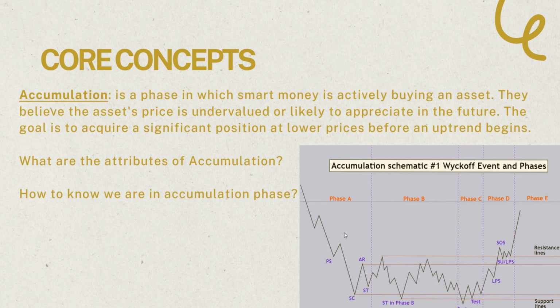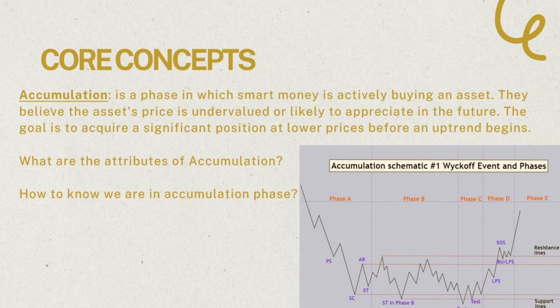So what are the signs? How do you know? It is actually difficult to detect that you are in an accumulation phase until you are in phase C, because this could easily be a distribution phase also. But when you get to phase C or D, then it becomes clear to you as a retail trader. I'm talking from the perspective of a retail trader.